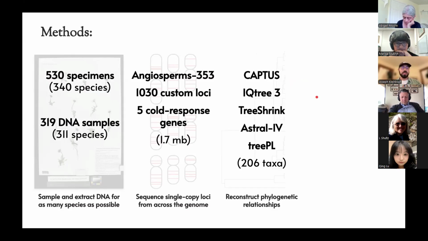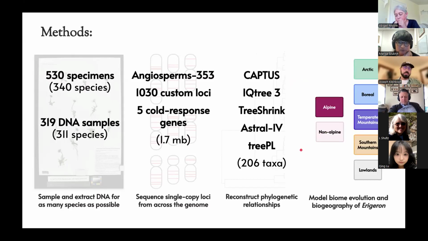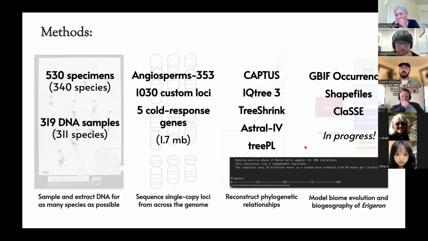But after all the filtering and all the sequencing error with older specimens, we were left with around 206 actual in-group taxa. And then this is something we're still working on, the actual modeling of the biome evolution and biogeography. So I'm going to have to do some hand-waving biogeography, but hopefully it'll be interesting and give you some insights into what's going on in this group.